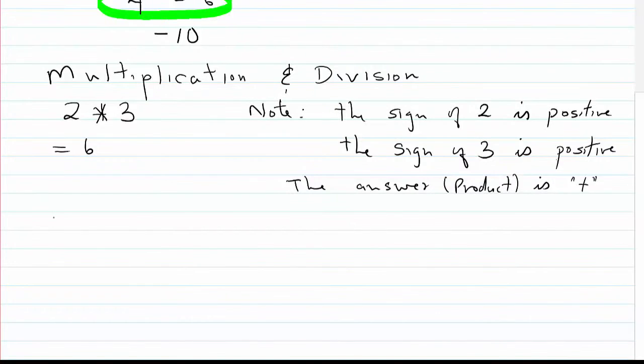Likewise, if we have -3 times -5, the product of these two negative numbers also produces a positive result.